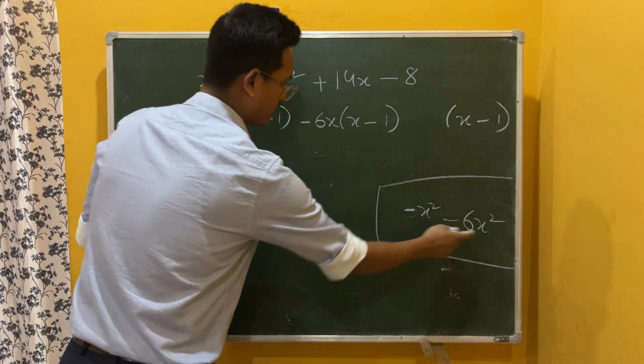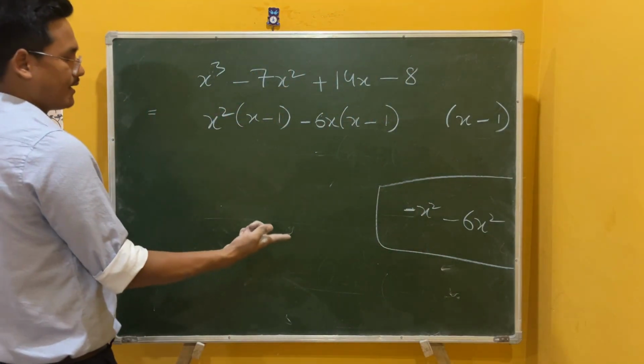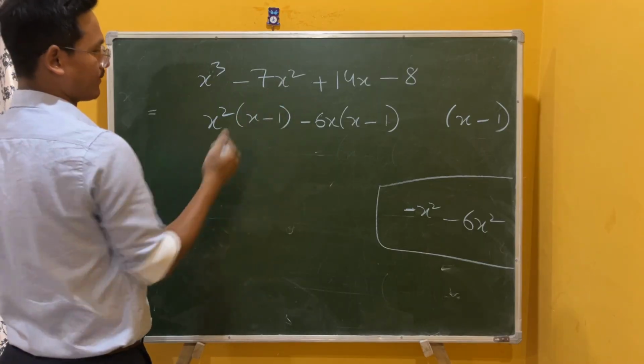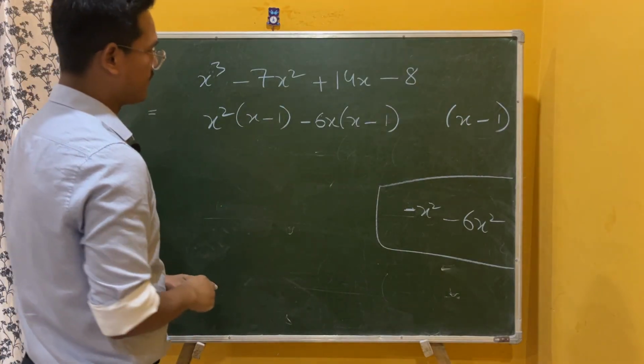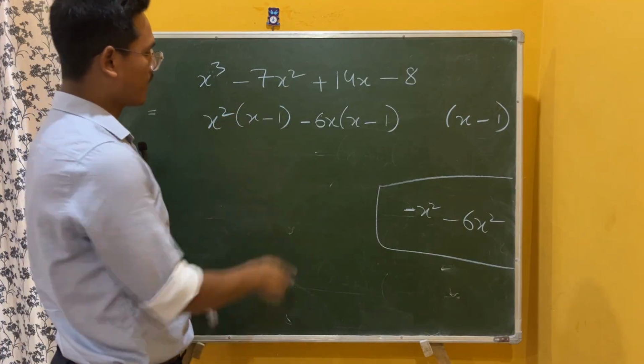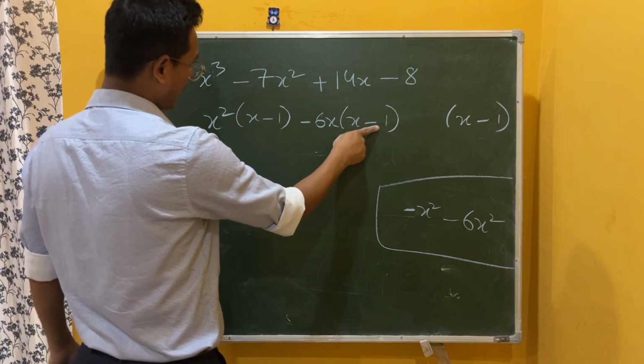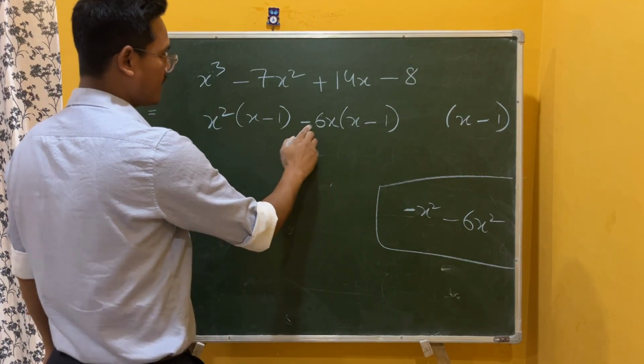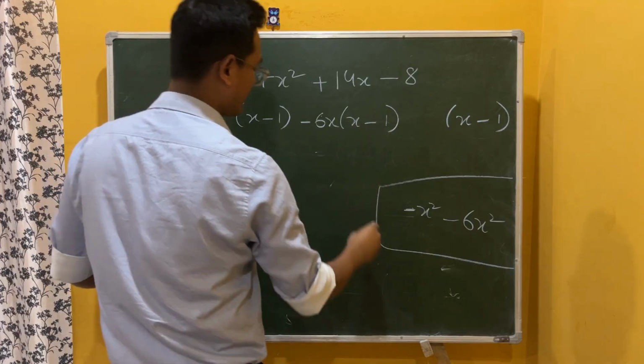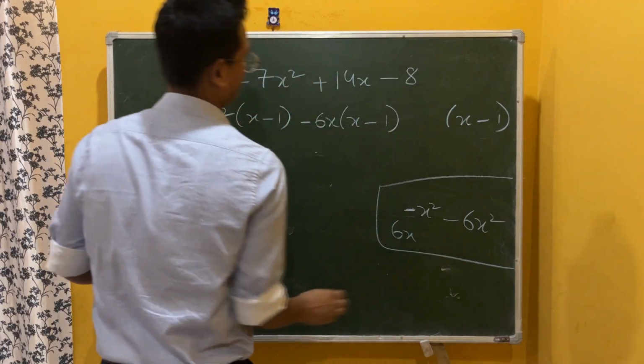So the two of them will add and the sum is minus 7x square. Right? Next, minus 6x will also multiply 1, minus 1. So minus into minus is plus, 6x into 1 is 6x.